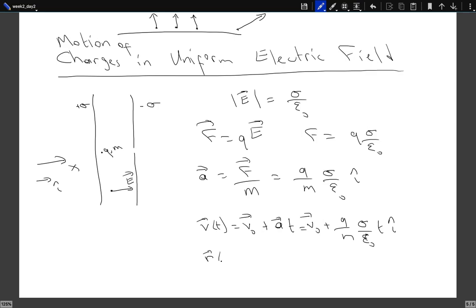And its position as a function of time will be just its initial position plus its initial speed multiplied by the time plus 1 over 2 its acceleration times t squared.